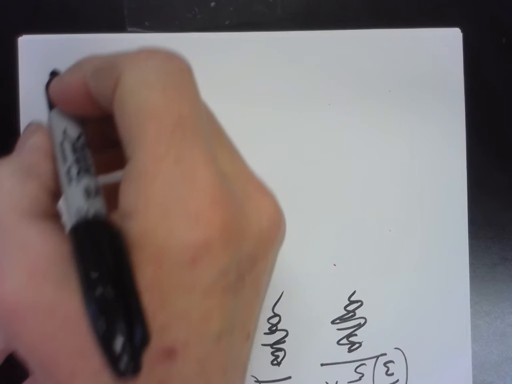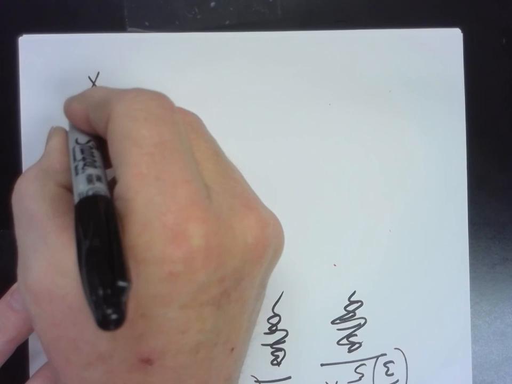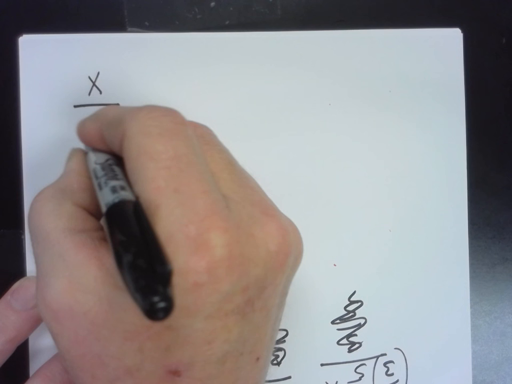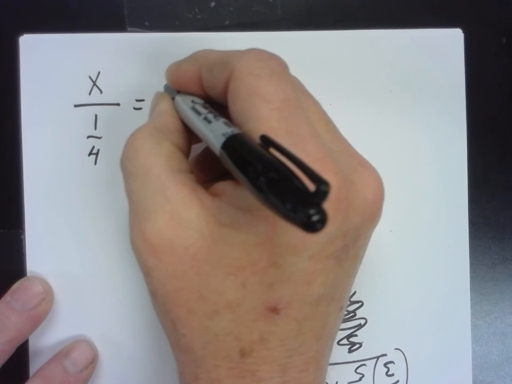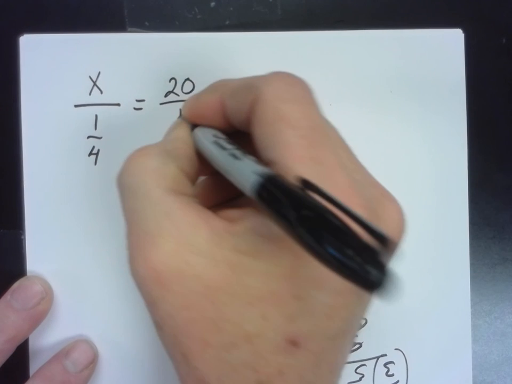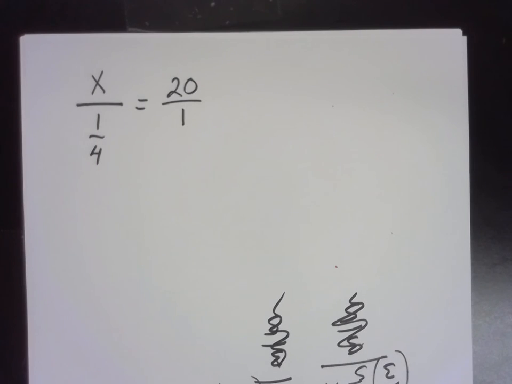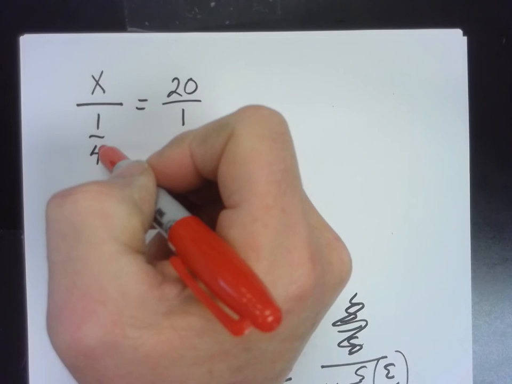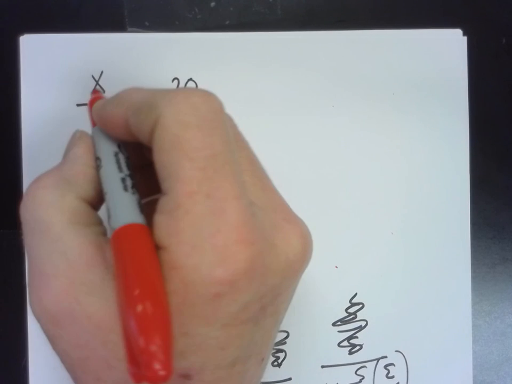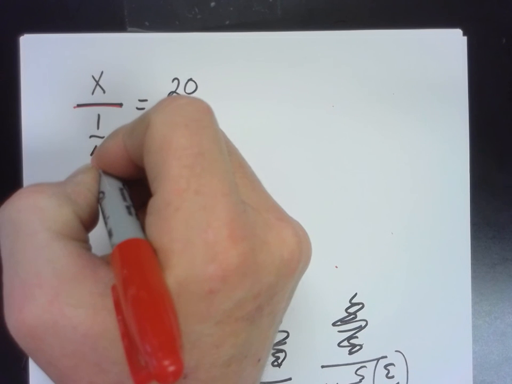X divided by 1/4 is equal to 20. And I'm going to write 20 as 20 over 1. Now think. Look at me. Think. X divided by 1/4. The opposite of dividing by 1/4 is multiplying by 1/4.